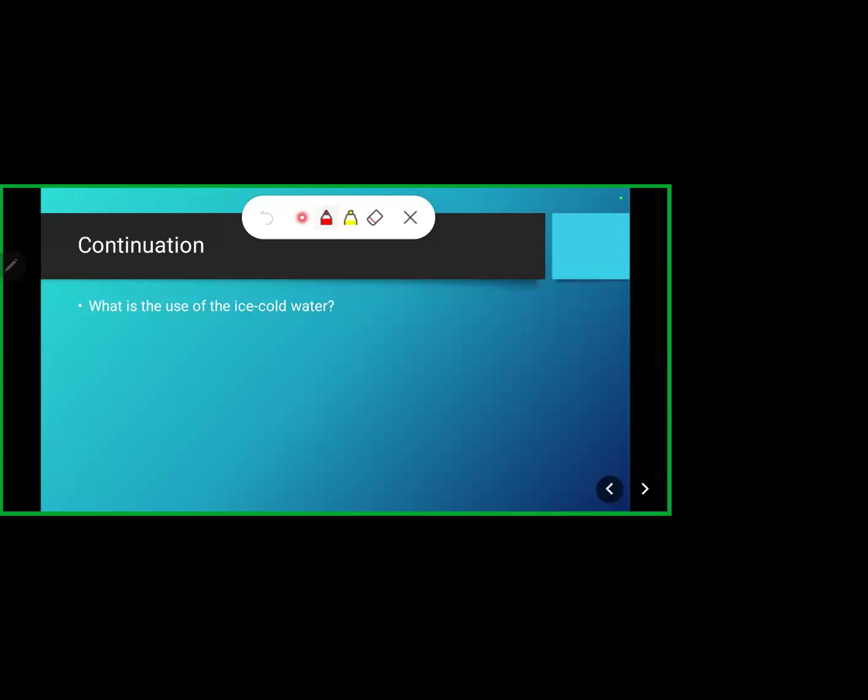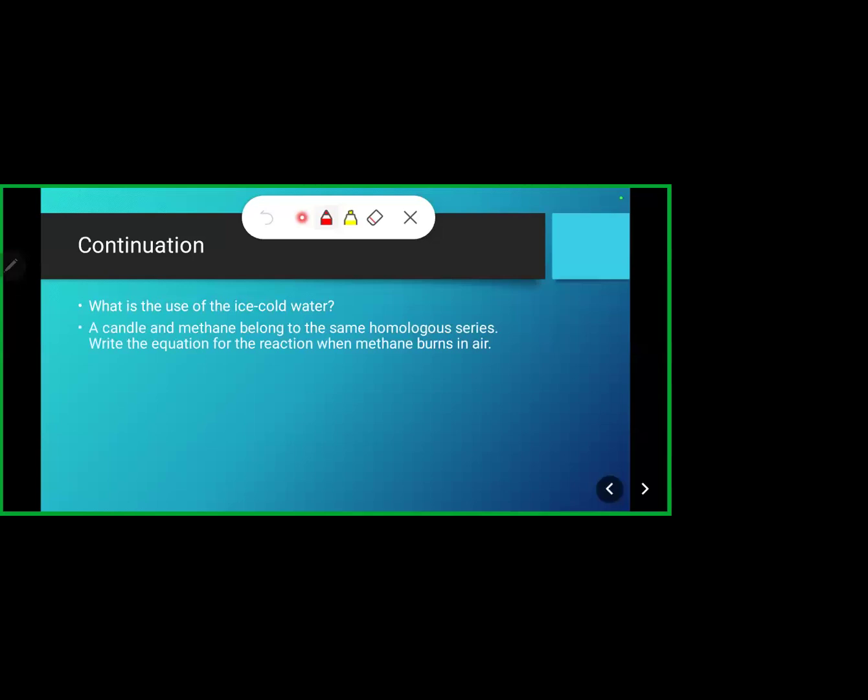It's to cool the vapor that comes from the candle. Okay, that's very good. Thank you. So we say the ice cold water is to cool the vapor that comes from the burning candle.